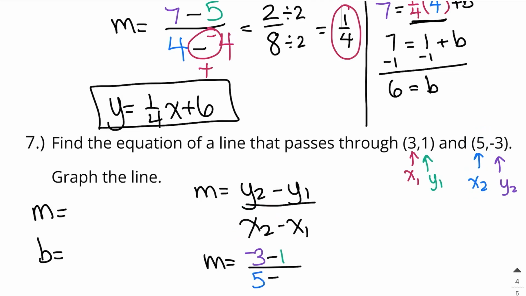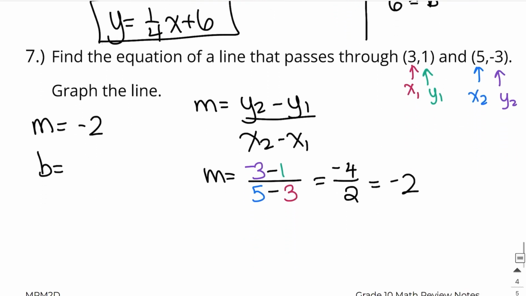And then minus x1, which is 3. So let's go ahead and evaluate and see what we get right here. When I do -3 minus 1, that gives me -4 on top. And then on the bottom in the denominator, I'm going to do 5 minus 3, which is 2, and -4 divided by 2 is -2. So here we know our slope is going to be -2.